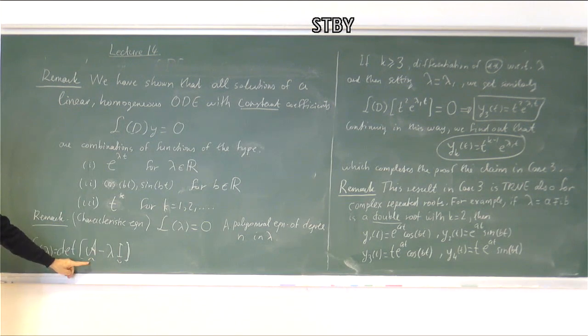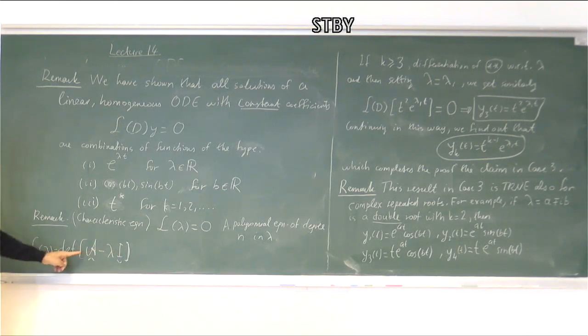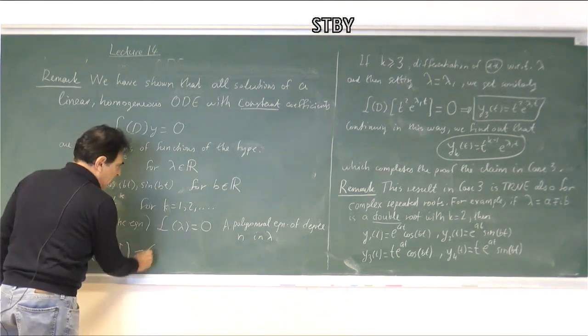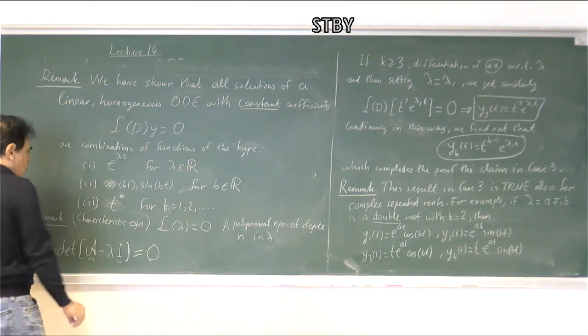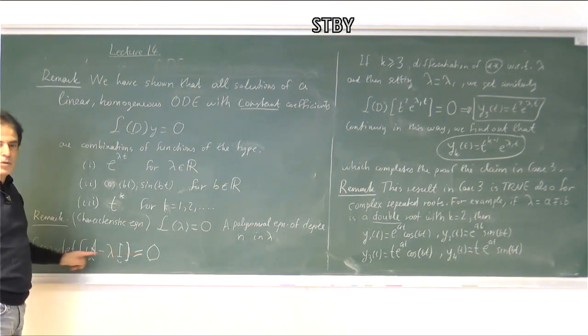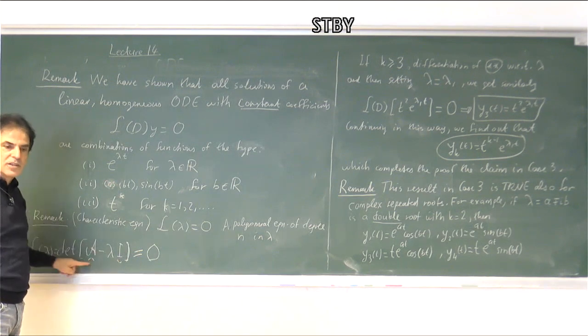Remember, when we have a system, we have a coefficient matrix A, and I is the identity matrix of the same order as A. So the determinant of A minus lambda I gives us the characteristic polynomial, and equated to 0, we get the characteristic equation. So it is equivalent to the characteristic equation obtained by using this determinant.